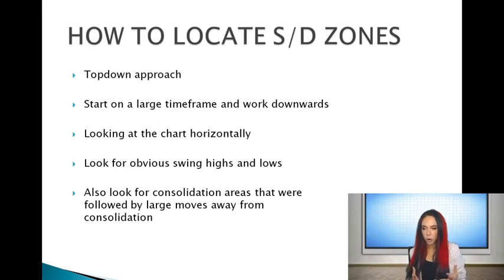So you're looking for price action that is already on the chart. You're not making up levels, which again is the case with things like fib retracement and to some extent trend lines as well. We'll begin by looking for obvious swing highs and swing lows.